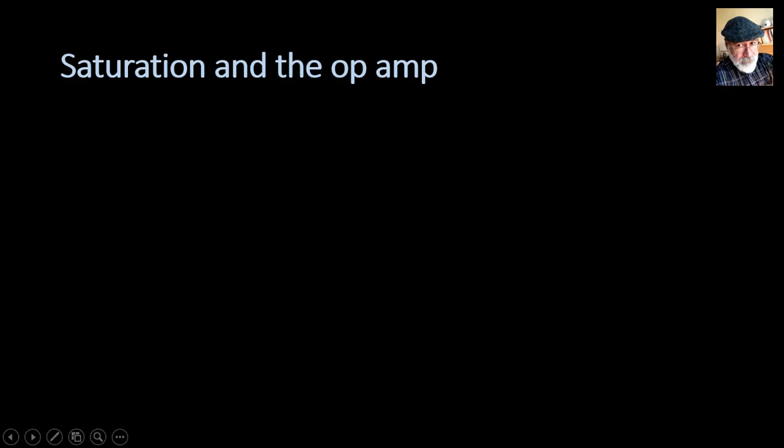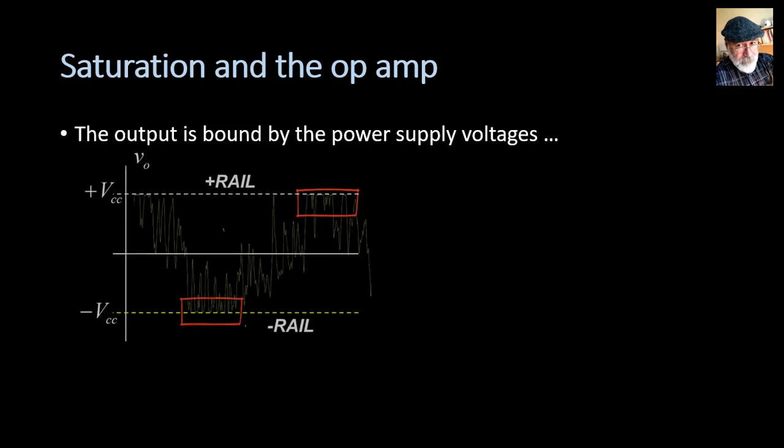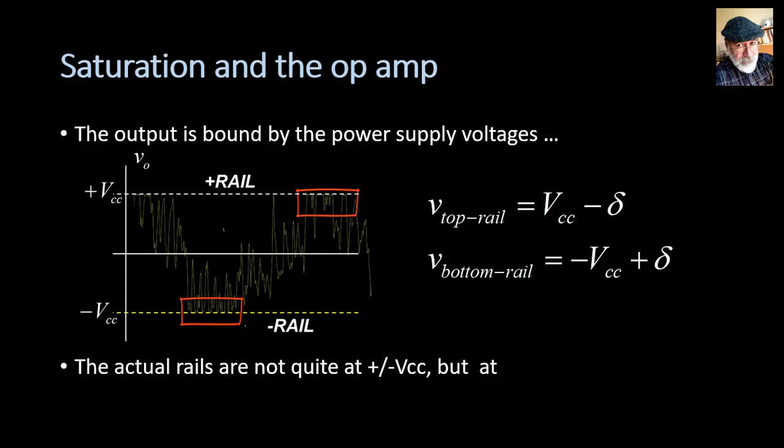Now we must talk about saturation and the op-amp. Do you remember that the output of an amplifier is bound by the voltages of the power supply, cannot exceed the top rail or go under the bottom rail, or it saturates? The reality is that those rails are not exactly at plus VCC and negative VCC. The top rail is at VCC minus delta, and the bottom rail is at negative VCC plus delta.